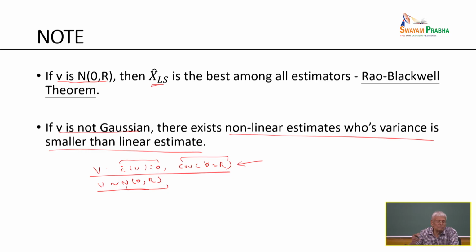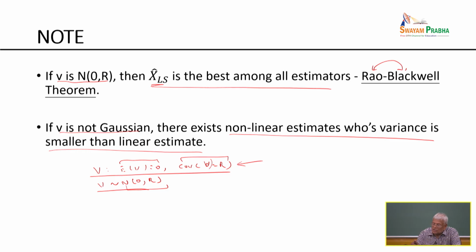Rao, C.R. Rao, as I told you earlier, in his book in 1973, and in collaboration with another very well-known mathematician and statistician, Blackwell, proved a theorem which is called the Rao-Blackwell theorem, in which they proved that if V, in addition to being mean zero and covariance R, is also normal, then the least square estimate is the best among all other estimates.